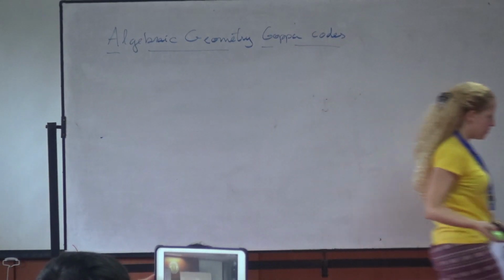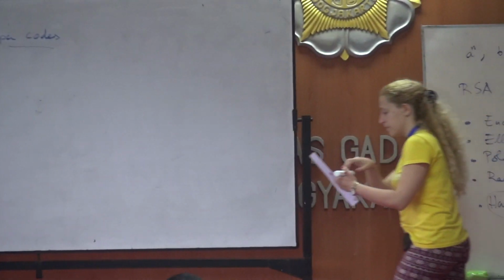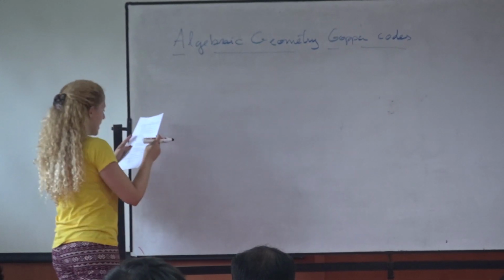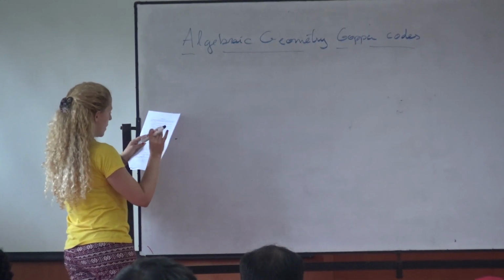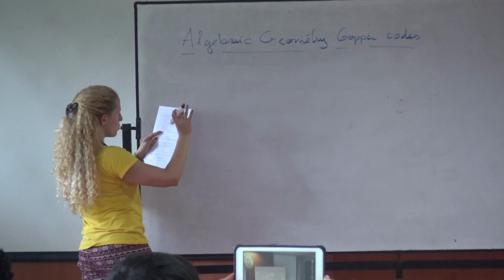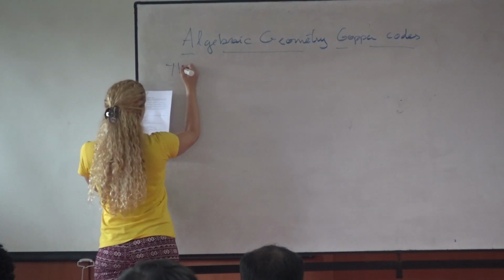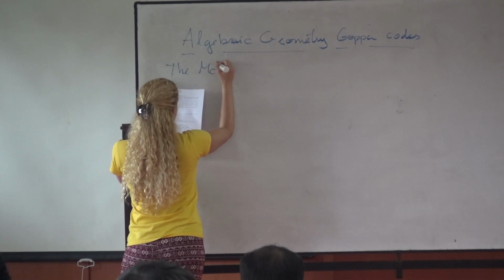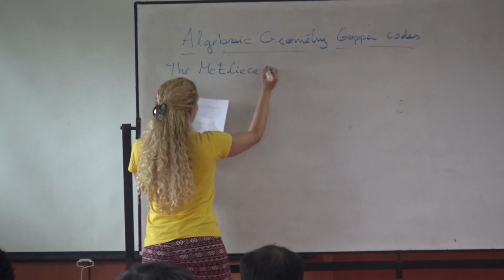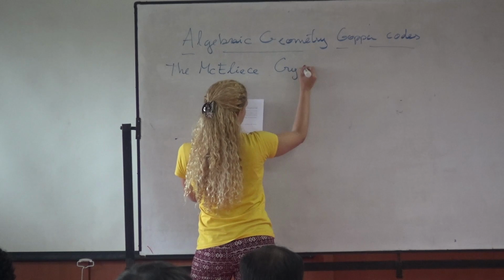So what is the idea? What are you going to need? This is called the McEliece crypto system.